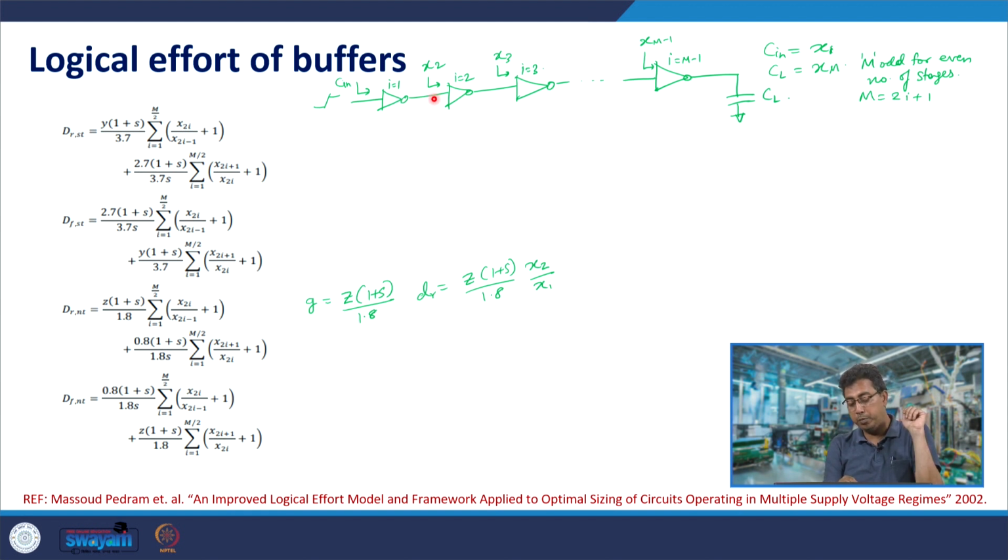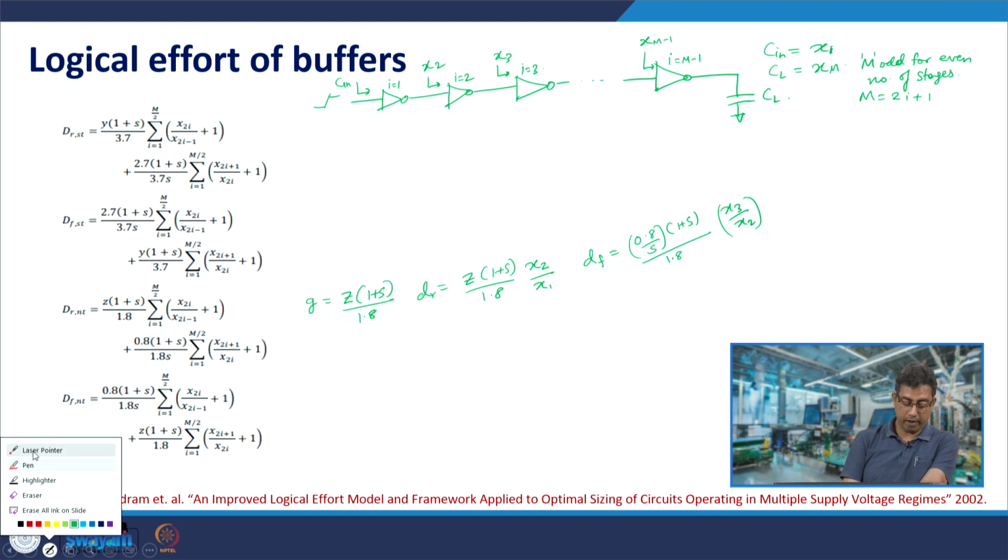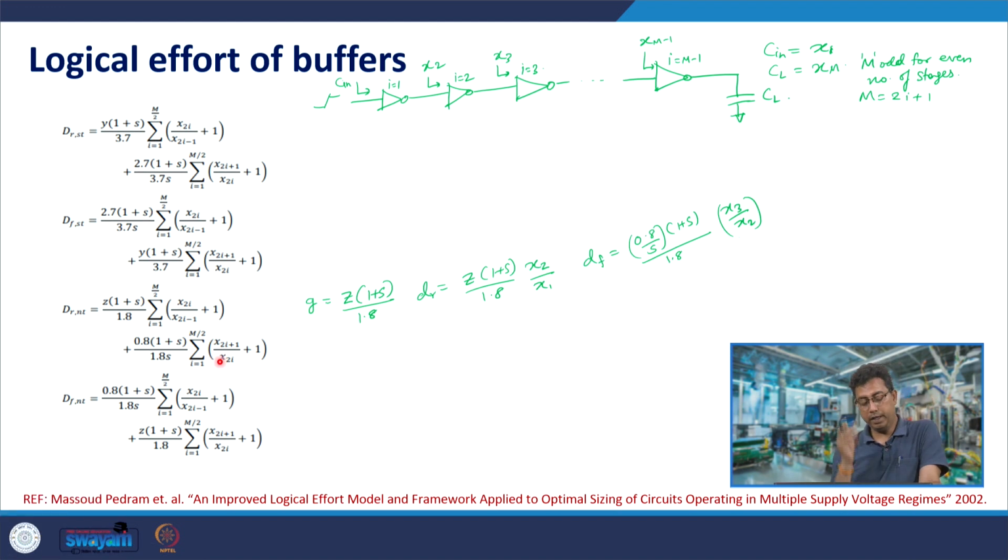For this you will have input fall delay, d fall. So, what is the logical effort for fall for the inverter? Output rise, input fall, output rise: 0.8 divided by S into 1 plus S divided by 1.8 into X3 by X2.